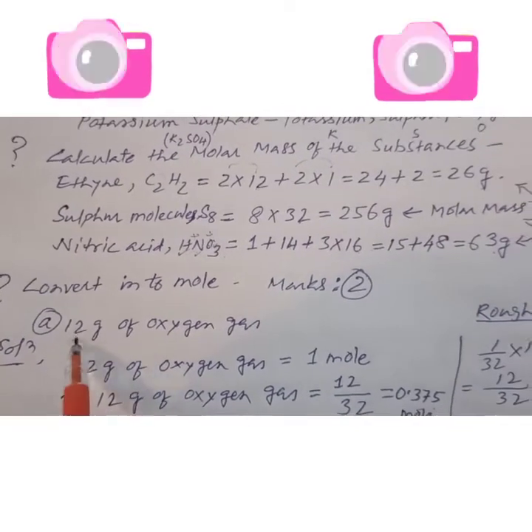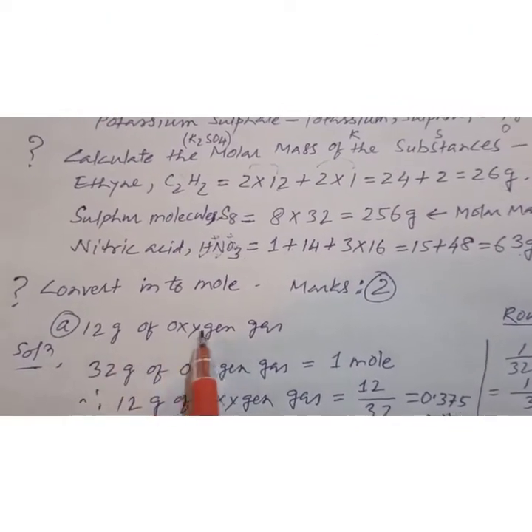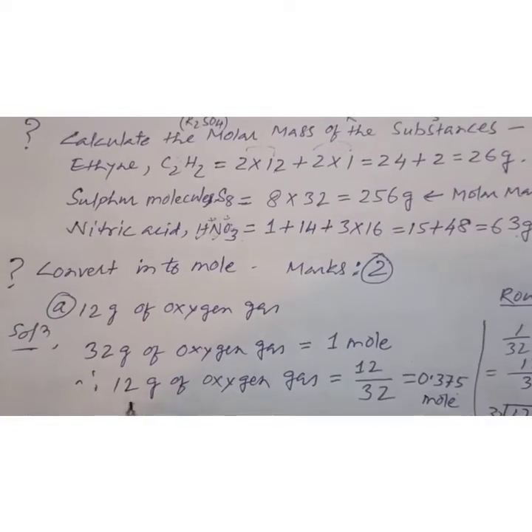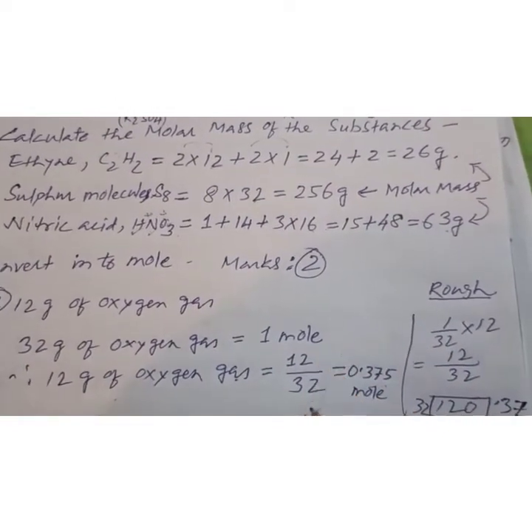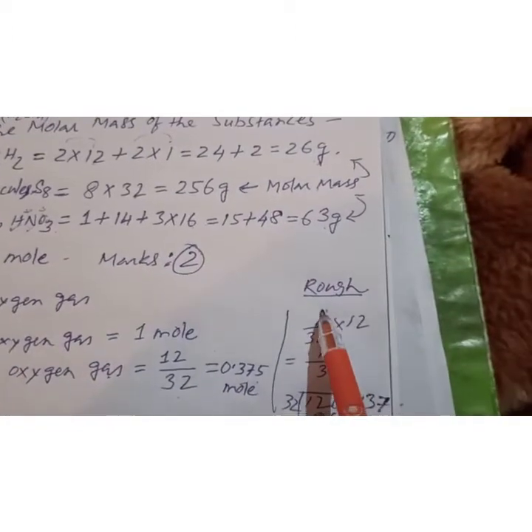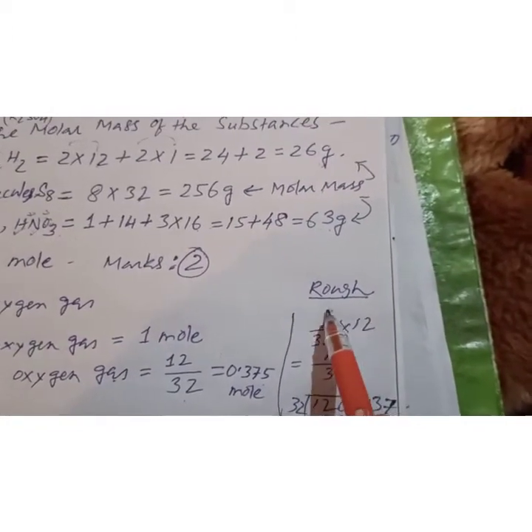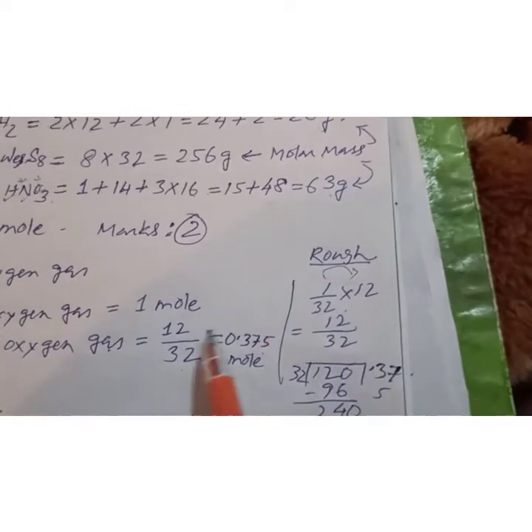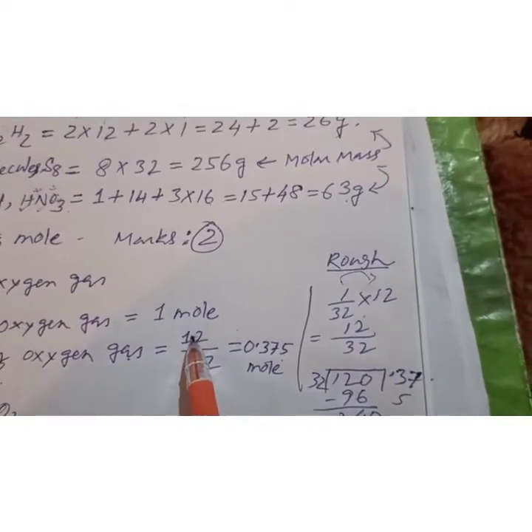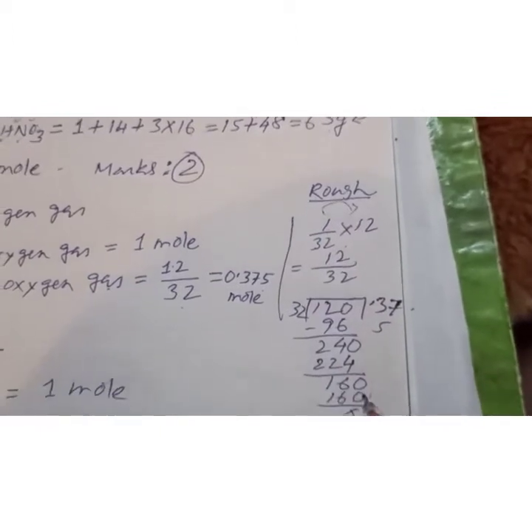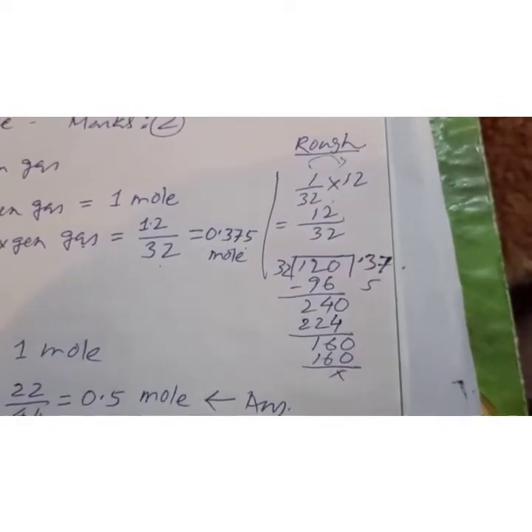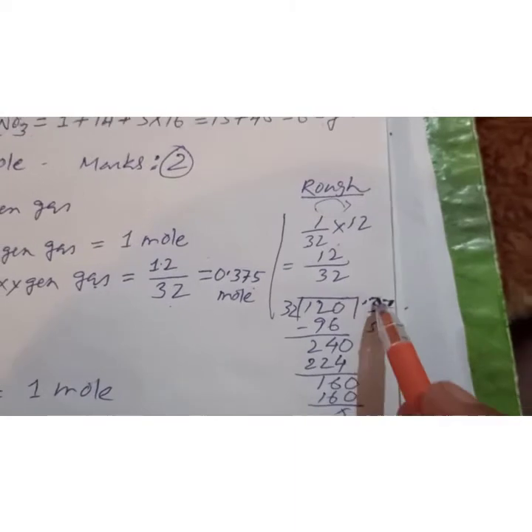It is given 12 grams of oxygen gas. Therefore 12 grams of oxygen gas equals 1/32 into 12. That means 1 into 12. I have written this directly, and just do rough work on your right hand side and test it. So you will get that.